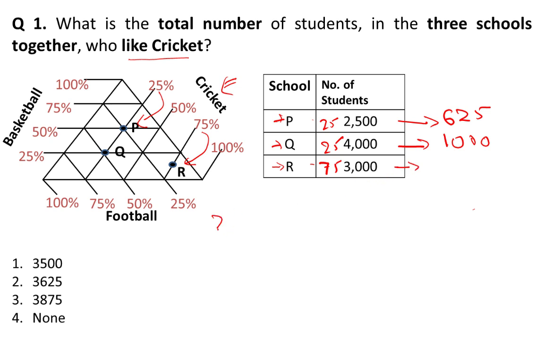So this is 3000 into 3 by 4. So it gets cancelled. 4 7s are 28 and 4 5s and 0. So 750 into 3 is equal to 2250. So this is 2250.